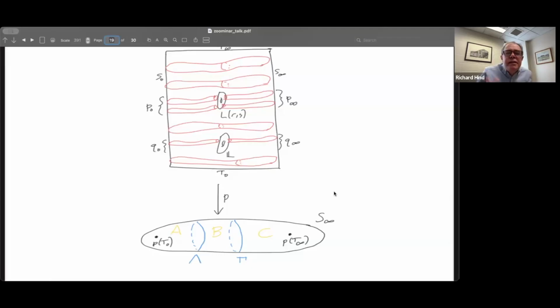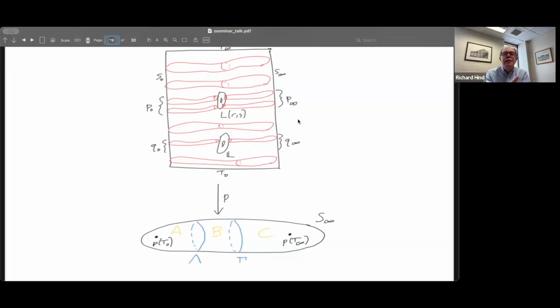Okay, so this is a special case. It's one example of what might happen. I'm also drawing here that by some index counts, there are one parameter families of broken curves. I'm assuming those are one parameter families of finite energy planes.